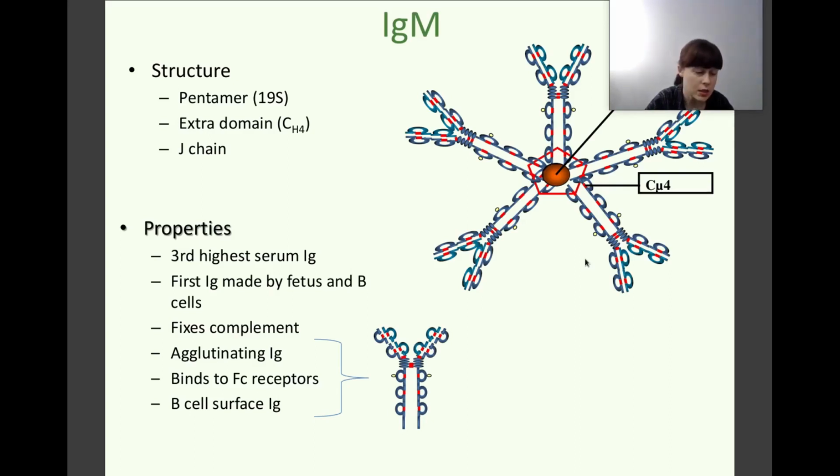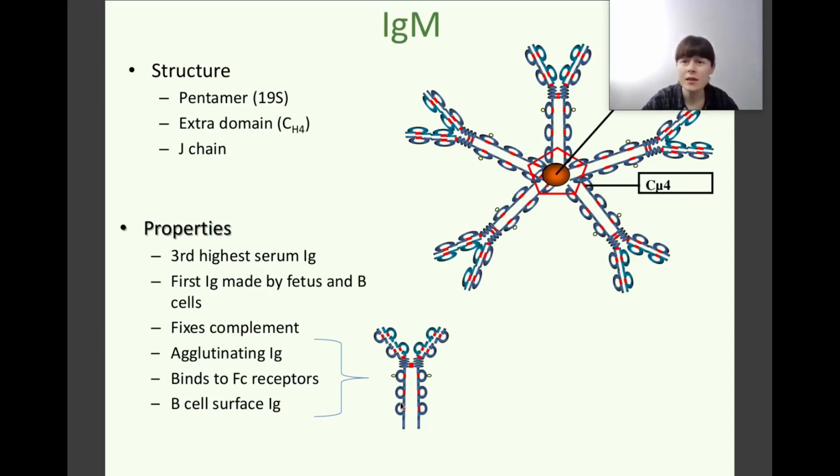Because of this, immunoglobulin M is the first antibody to be produced following infection, like in a primary immune response, and it represents acute or recent infection. It is also called the primary immune response antibody. Immunoglobulin M is also present on the B cell surface in monomeric form, and serves as a B cell receptor for antigen binding.